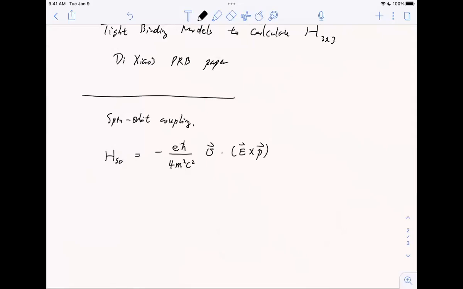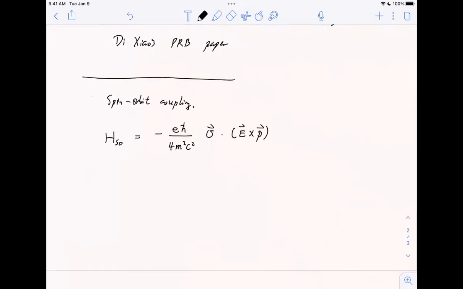And then I talked about two cases. One is the Rashba spin orbit coupling. The other is the spin orbit coupling in atoms with a centrally symmetric potential.